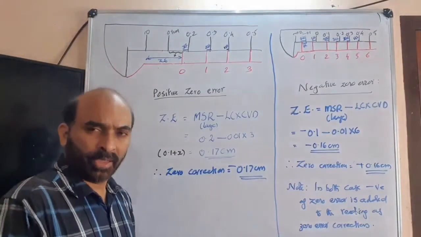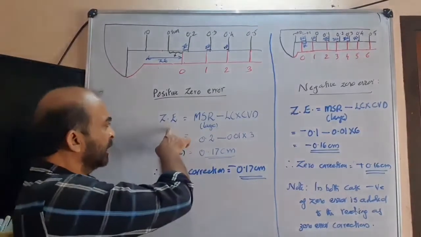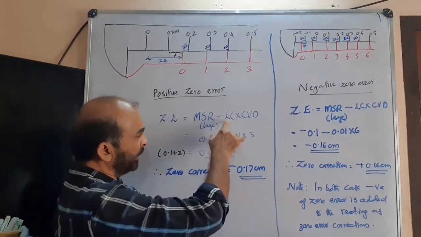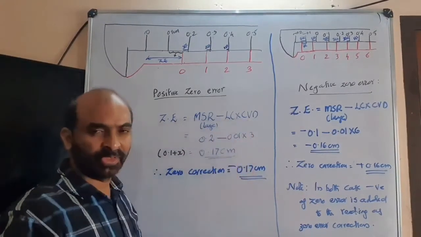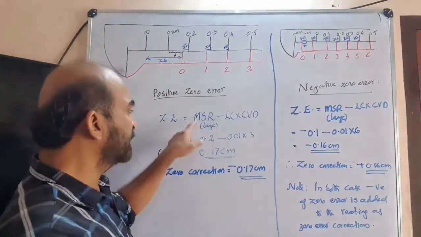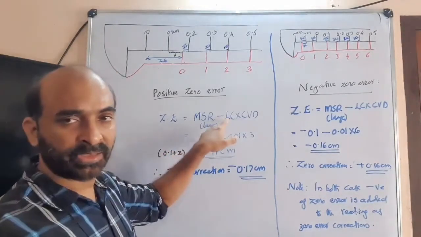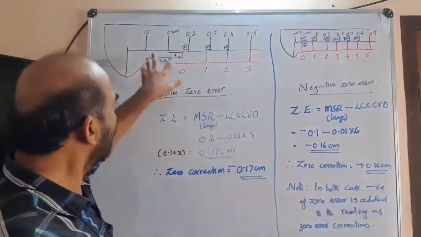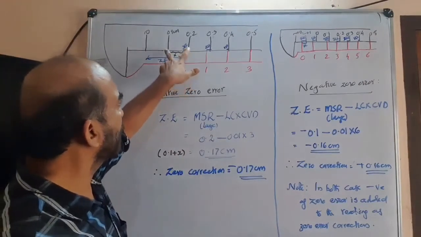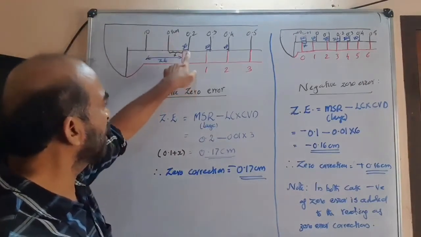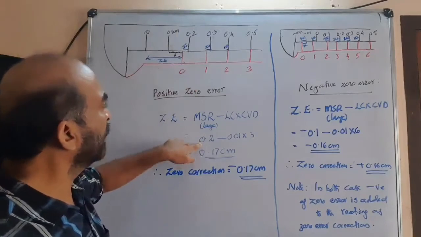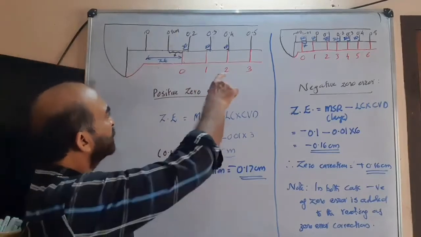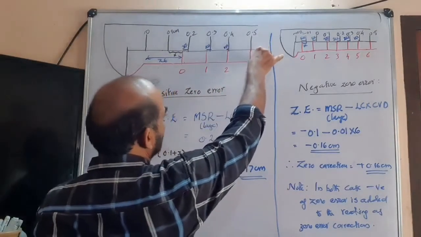The retrograde vernier equation: zero error is main scale reading minus least count into coinciding vernier division. Here we have to remember the main scale reading is the larger one, and the sign has changed to negative. Here the zero stands in between 0.1 and 0.2. So the larger value is 0.2, and you have to subtract what? Here the coinciding vernier division is third.